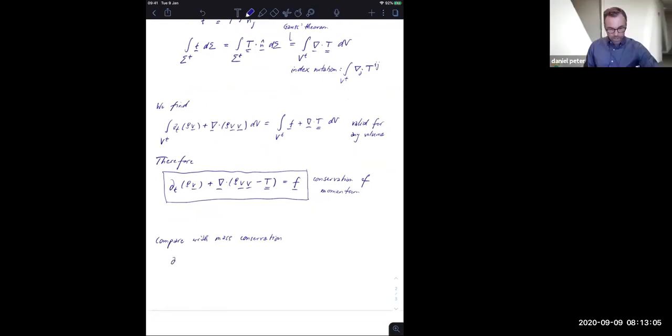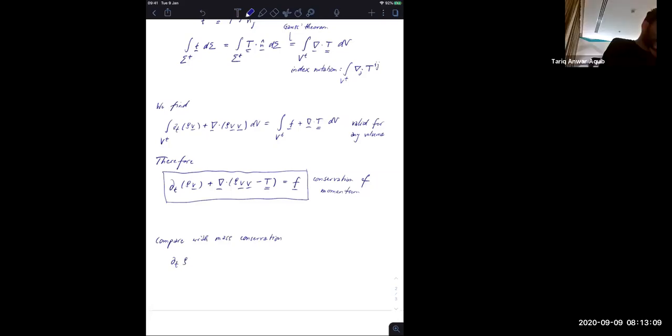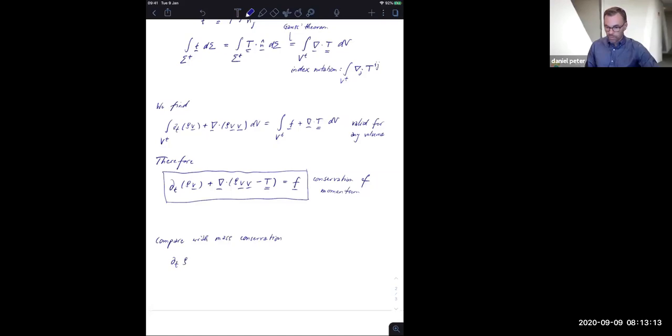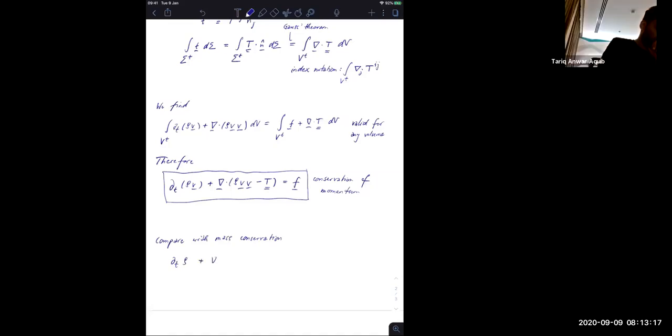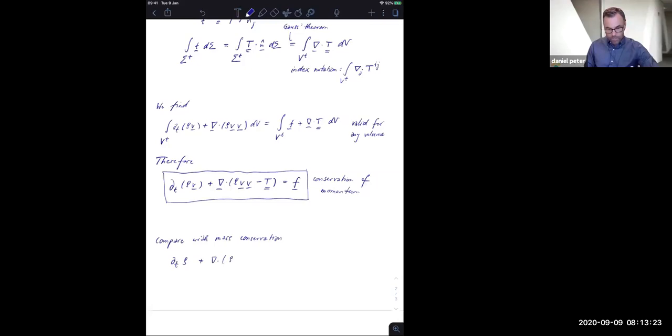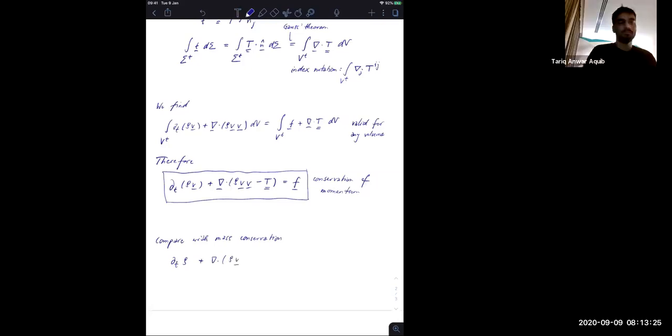And the continuity equation we wrote as the derivative with respect to time of density plus the divergence of rho times v was equal to 0.